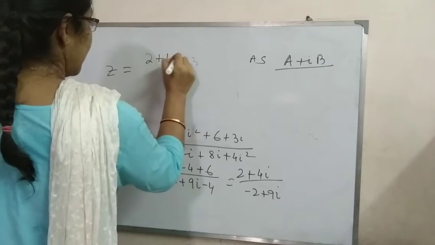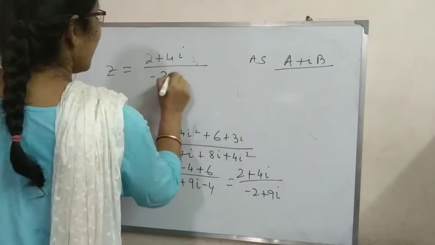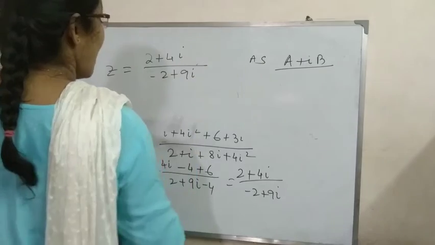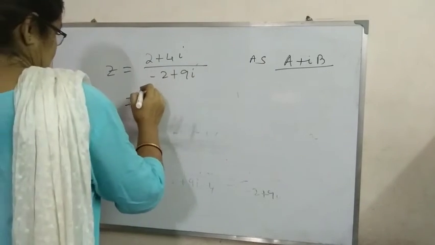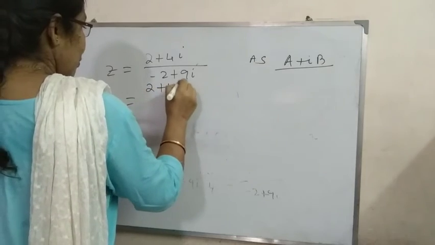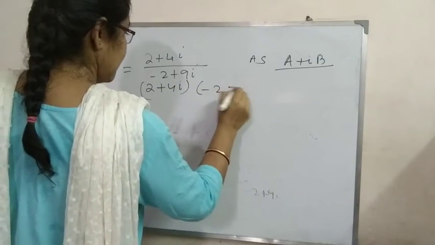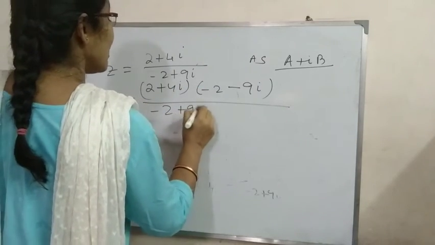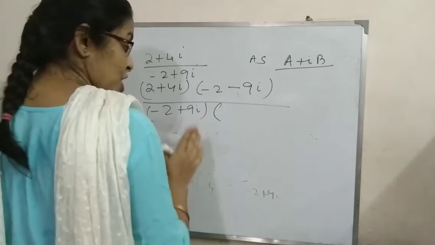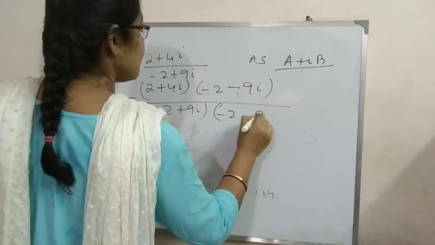After that I will multiply the numerator and denominator by the conjugate of the denominator to rationalize the denominator.